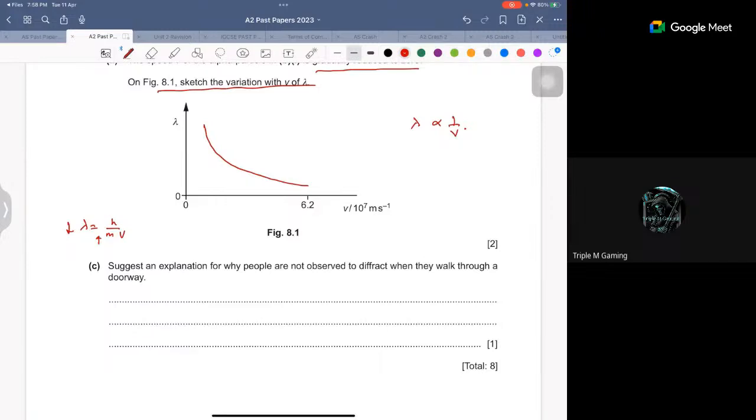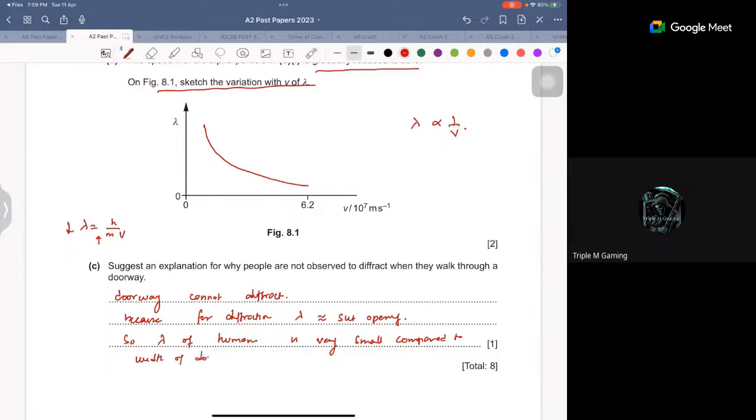That will mean that a doorway cannot diffract. The reason is that for diffraction, lambda should be almost equal to the slit opening. So the wavelength of humans is very small compared to the width of the door. Do you guys understand what I'm saying? That's why.